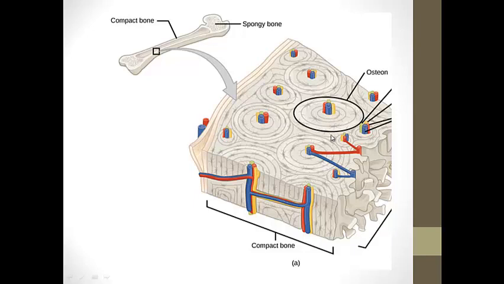Even in this segment here, you can see how the structures are found within this canal in the middle of the osteon. So each osteon has a central canal, which has a neurovascular bundle, and then surrounding this neurovascular bundle you have circular sheets of bone, and that ends up forming a single osteon.